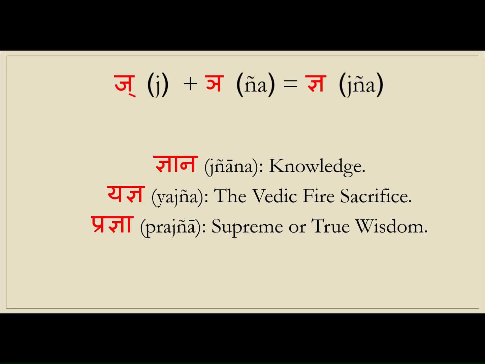So jnana, vijnana, vaijnanika, in all of these the jna sound is a palatal and nasal consonant. You can hear it properly if you go to some authentic channels that do Vedic recitation. You will not find gya or jnya, you will find this nya. So you can listen and come to realize yourself how it has to be pronounced correctly.